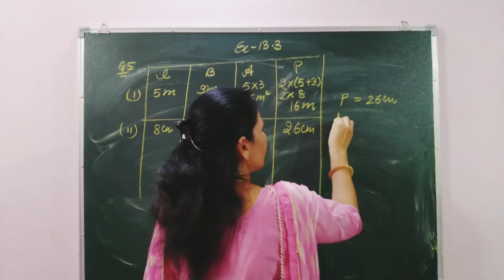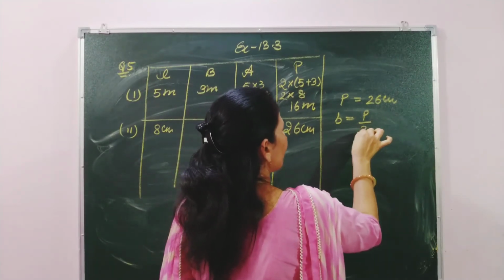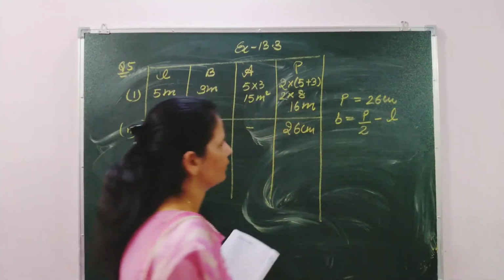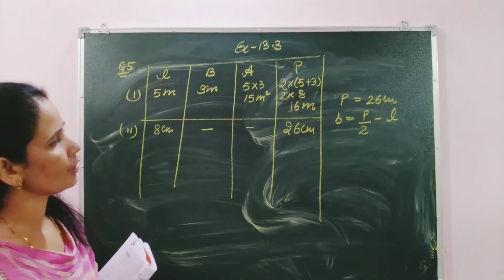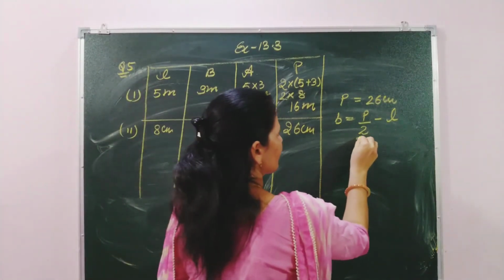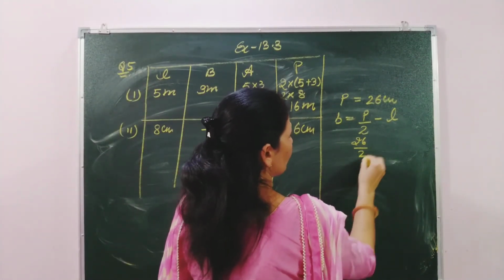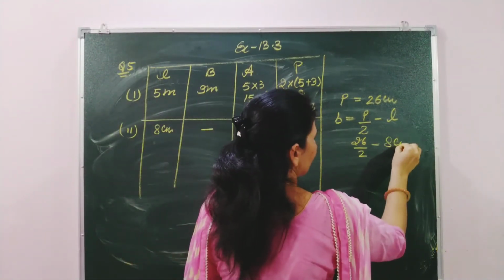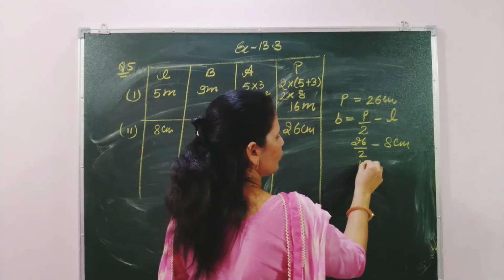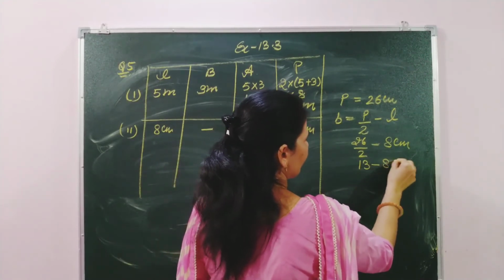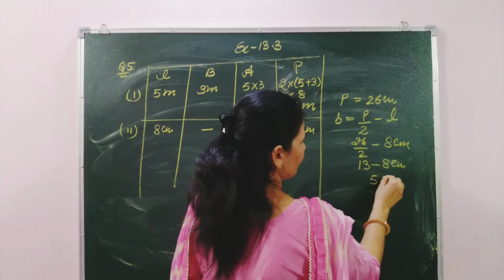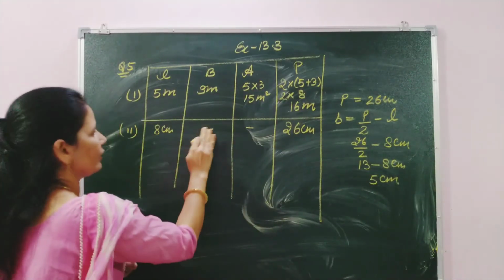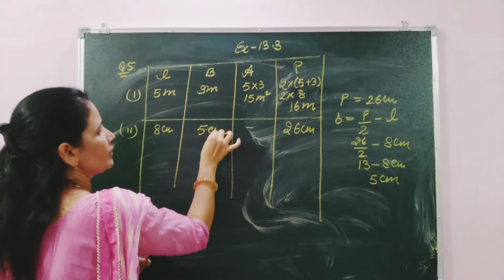The formula to find the breadth, perimeter divided by 2 minus length. This formula we will apply, perimeter divided by 2. So perimeter is 26. 26 divided by 2. Then minus length is 8 centimeter. 13 minus 8, that is 5 centimeter. So student, here we get the breadth is 5 centimeter.